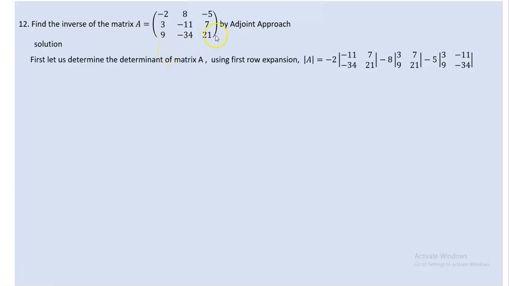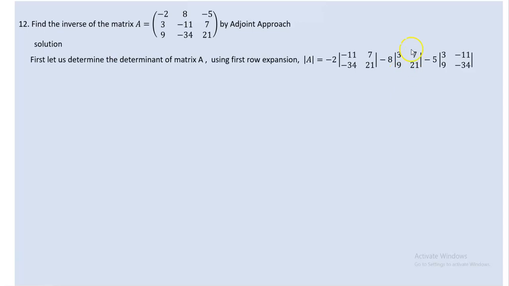In doing so, you will get a certain matrix determinant, and that is negative 11, 7, negative 34, 21. And when you come to the second, you have minus here, so you take minus 8 and then delete the first row and the second column. Then 3, 7, 9, and 21 are left.